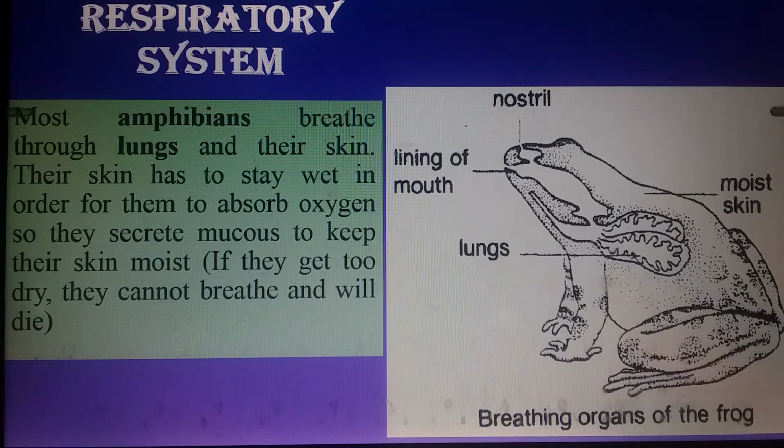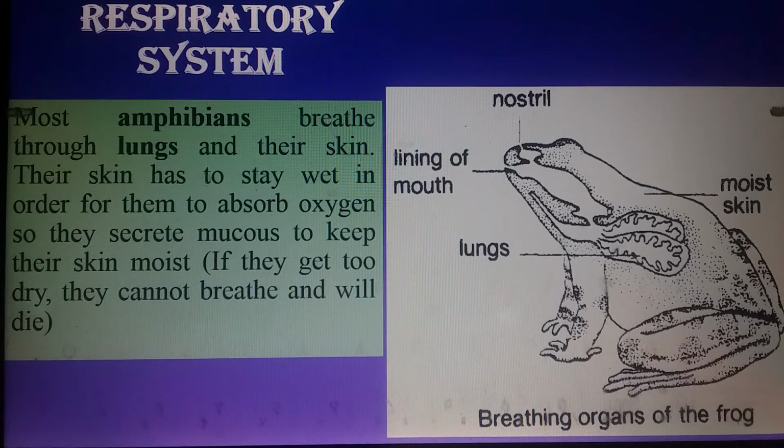Their skin is smooth and richly supplied with blood capillaries, and resembles the respiratory surface, the lungs. That's why the exchange of oxygen and carbon dioxide takes place easily through skin as in the lungs. Is it clear?